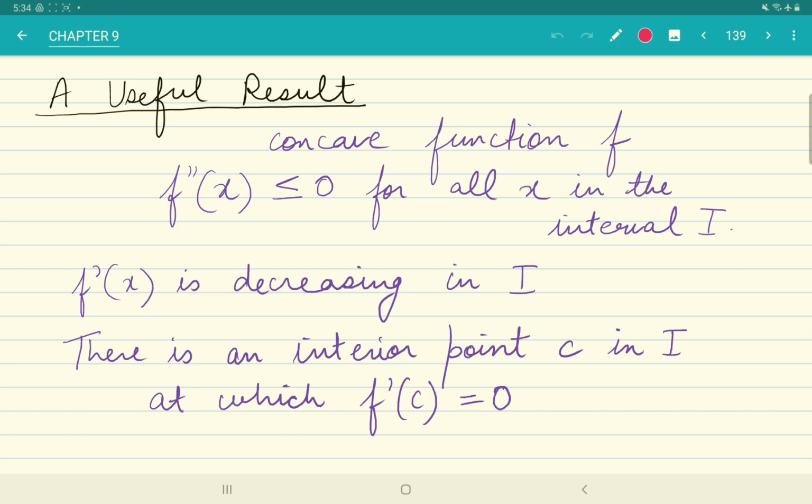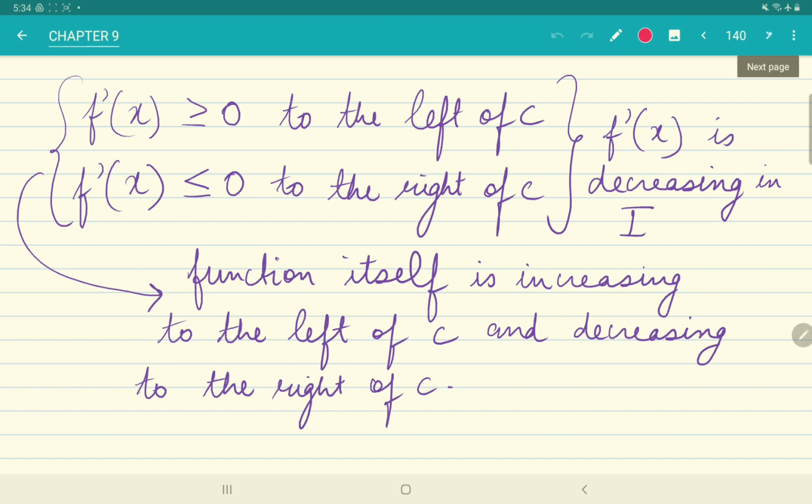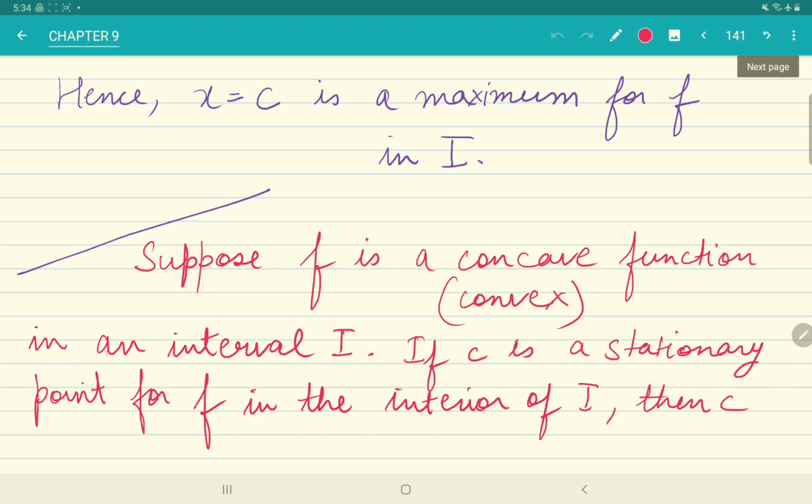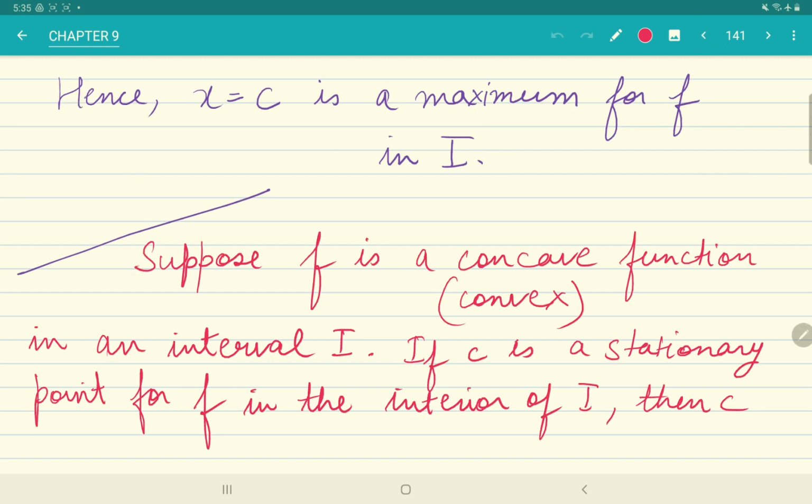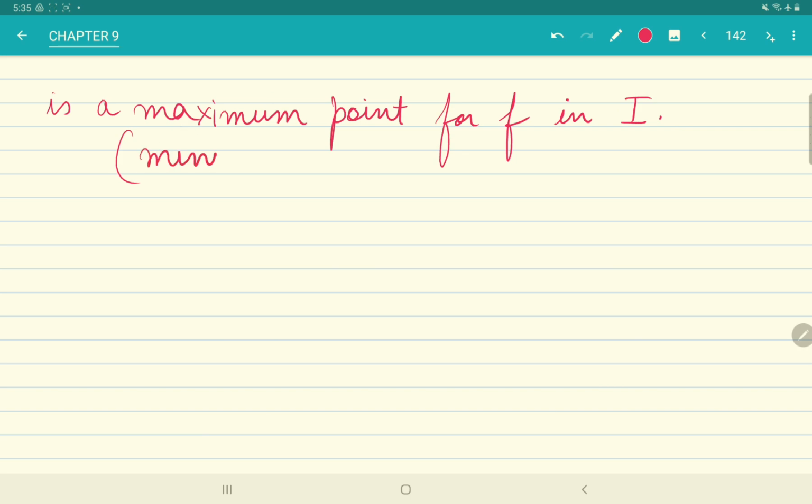That means we have C as a stationary point for f in the interior of I, and we have then established that C is the maximum for f in I. So that's exactly what I'm writing now: if you have a concave function f in an interval I, you have C as a stationary point for f in the interior of I, then C is a maximum point for f in I. And if I talk about a convex function, then C would be the minimum point.